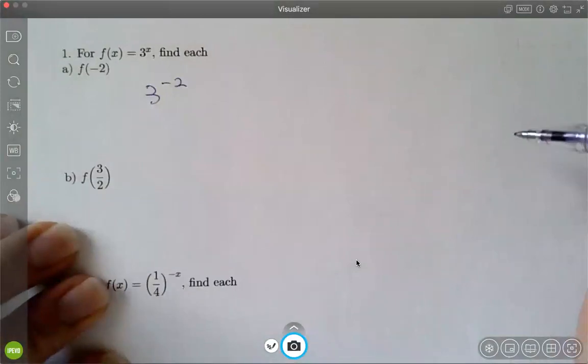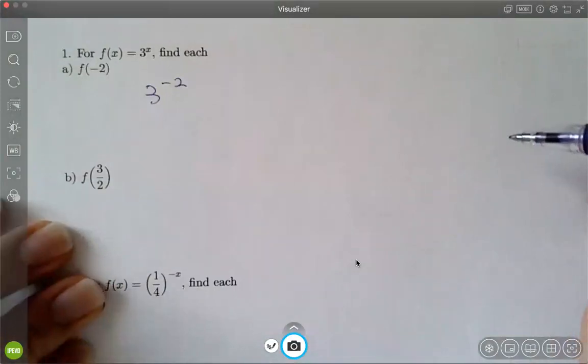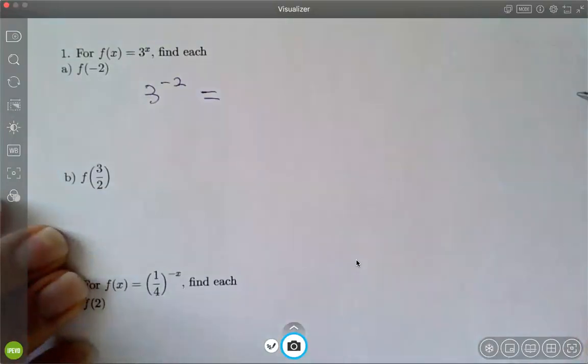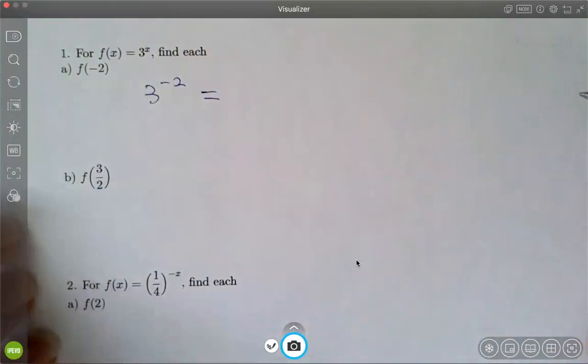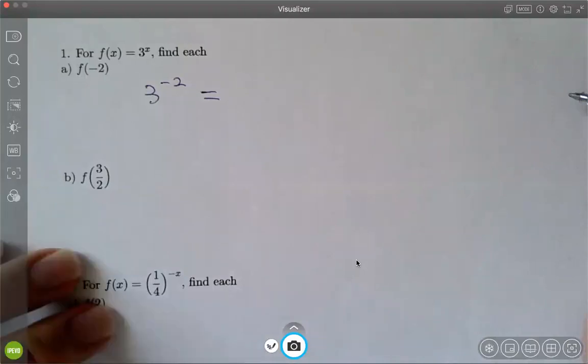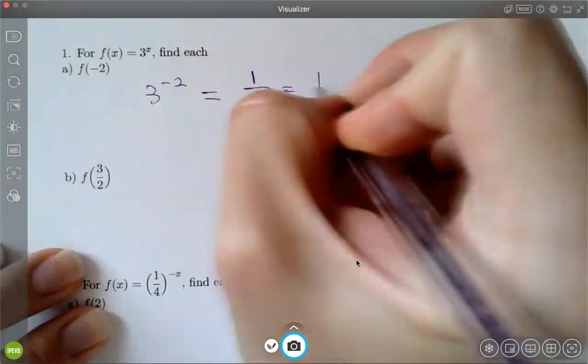Is that equal to -6? -9? No. What's that equal to? 1/9, because it's 1/3 squared, which is equal to 1/9.